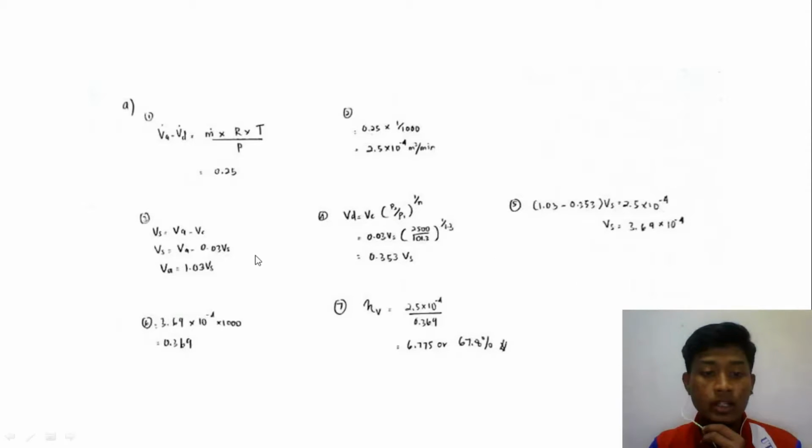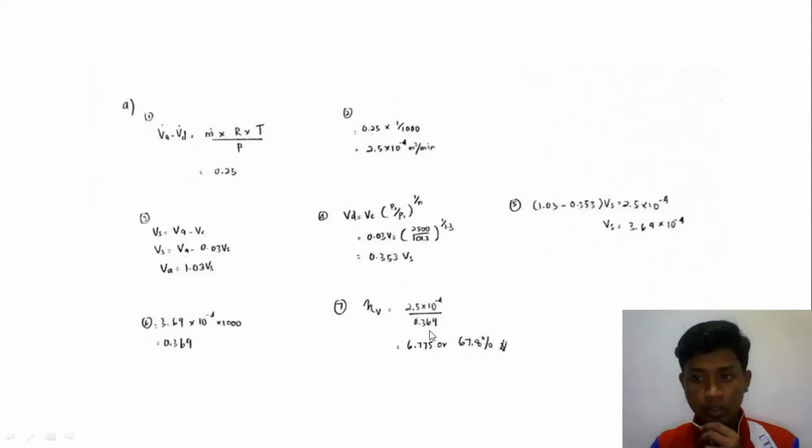So we enter equations 2 and 3 into equation 1, and we can get this type of equation. From this equation we can get the real value of VS, which is 3.69 times 10 to the power of negative 4.